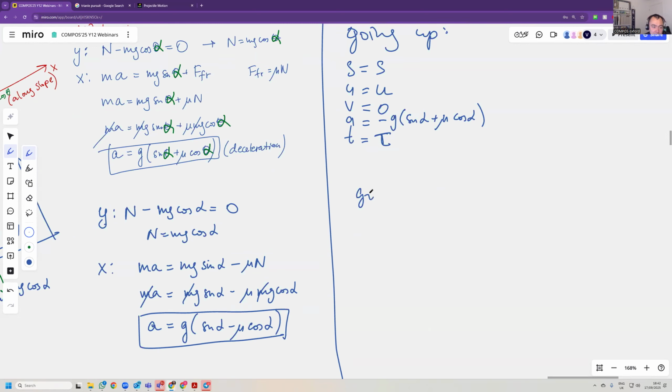And going down: s is s, u is 0, final velocity is, well, we don't know. Acceleration is g (sine alpha minus mu cos alpha), and t is 2 tau.